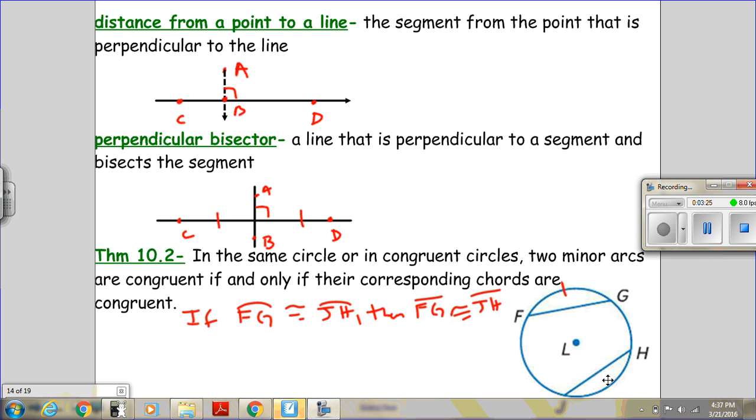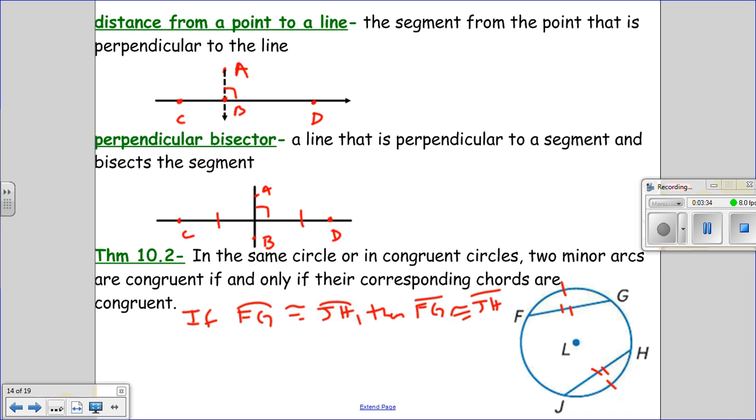So these two arcs are congruent, so these two chords are congruent. And it can be read backwards as well.